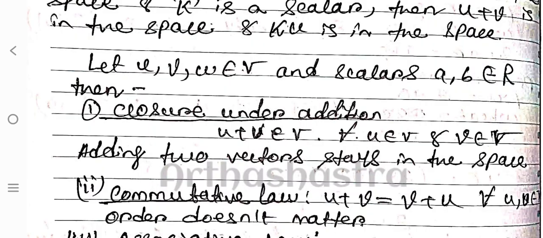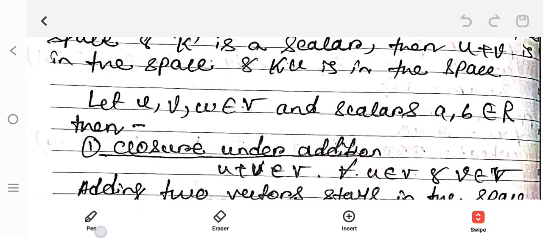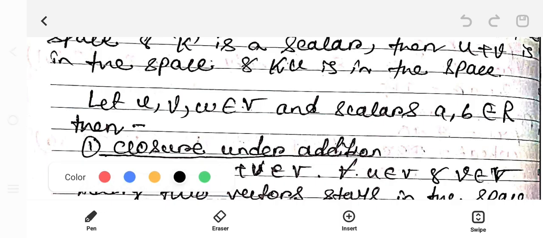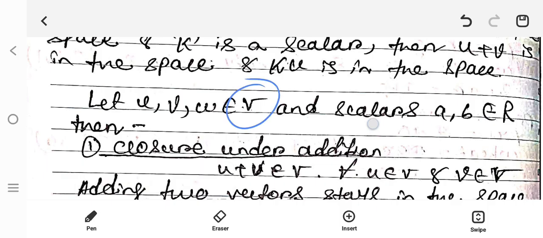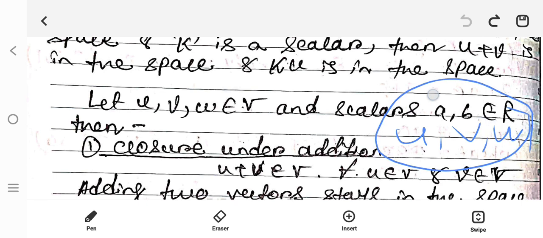Now I have taken here the three vectors u, v and w which belong to V. V is actually a space, a set. V is denoted here as a set. So u, v and w, all these vectors belong to set V, or are in the space.